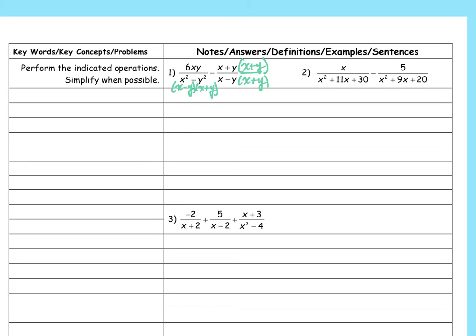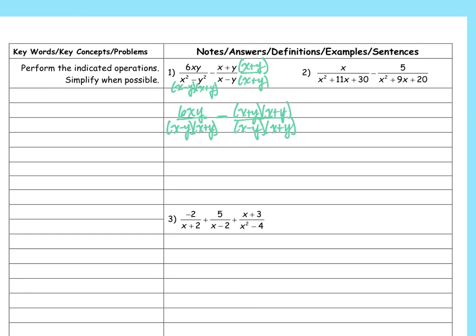So I've got 6xy all over x minus y and x plus y, minus x plus y and x plus y all over x minus y, x plus y.